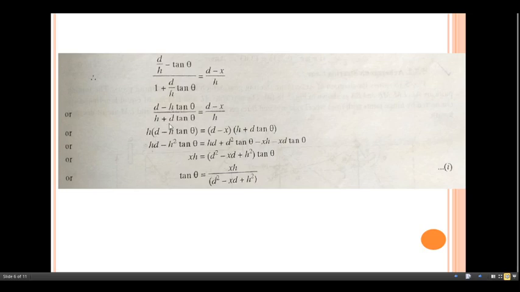So H multiplies this bracket, and looking here, what do we get? Dx, this actual term multiplied by this one.